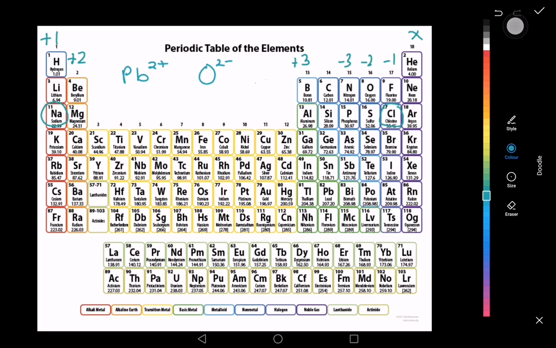Do we need to cross? Do we need to multiply with something? No, we don't need to, because both charges are the same. It's already balanced. What you need to do is just write it back, PbO. That's it. This is the chemical formula for lead-2 oxide.